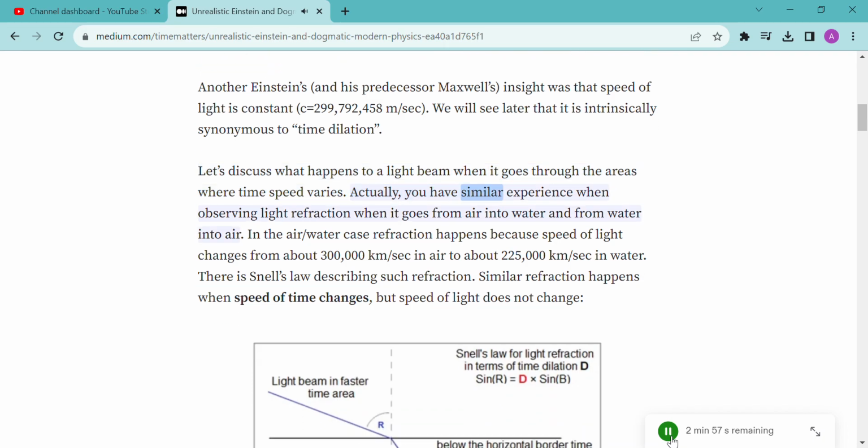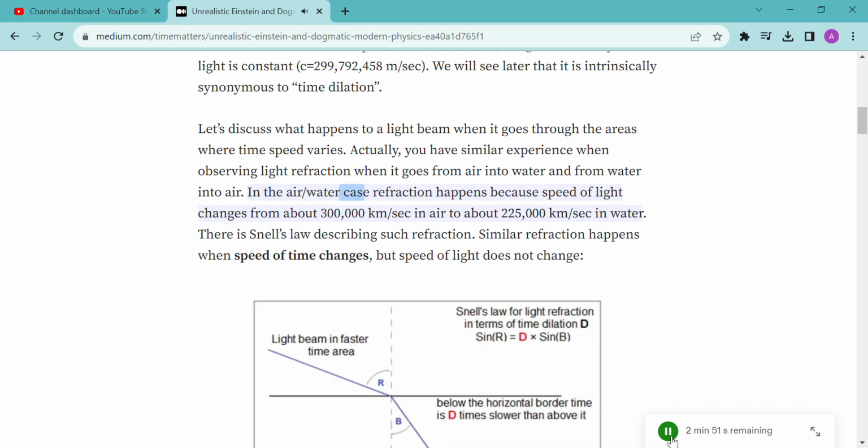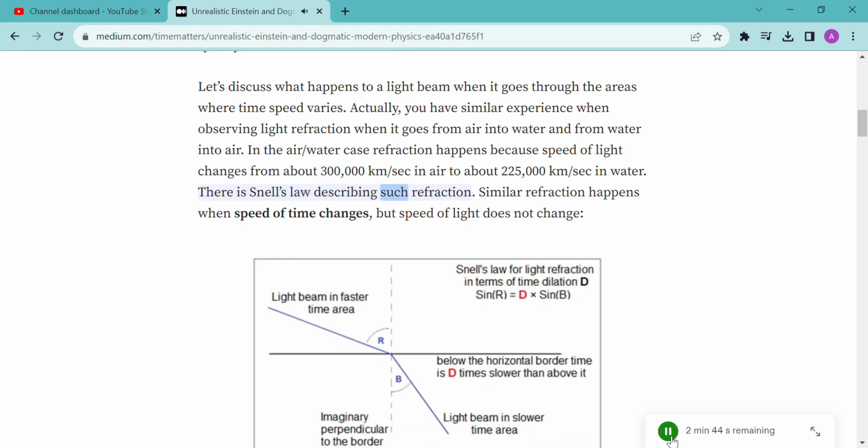Actually, you have similar experience when observing light refraction when it goes from air into water and from water into air. In the air/water case, refraction happens because the speed of light changes from about 300,000 kilometers per second in air to about 225,000 kilometers per second in water. There is Snell's law describing such refraction.